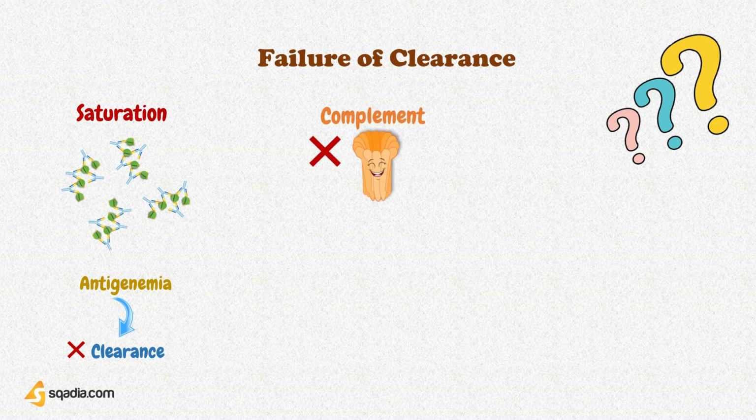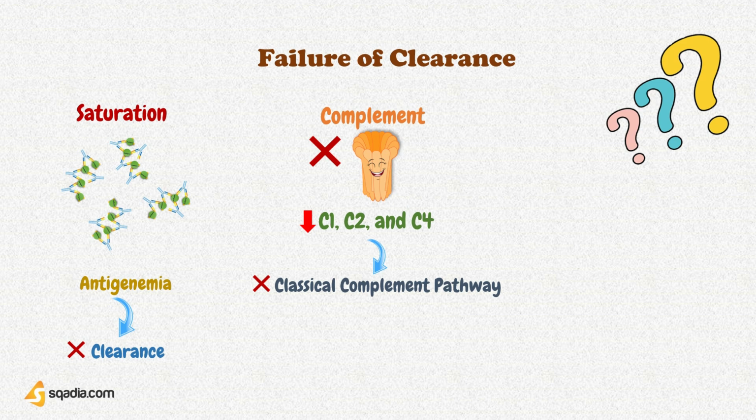Also, some individuals lack complement. Patients with deficiencies in the early components of complement, C1, C2, and C4, can result in the classical complement pathway not being activated properly and immune complexes not being cleared effectively.